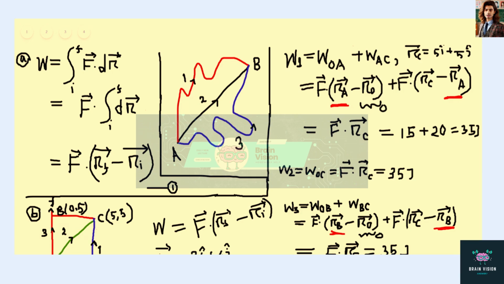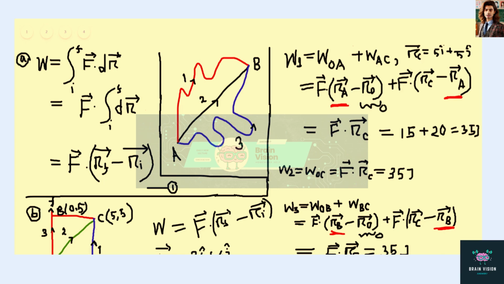I've also added some more notation. Point A is on the x-axis, so its coordinate is 5, 0, and B is on the y-axis, so its coordinate is 0, 5.